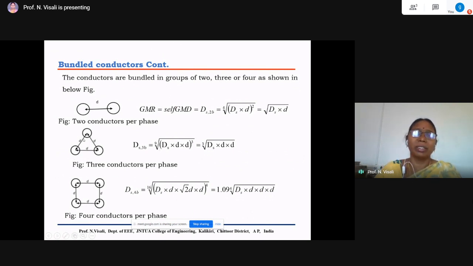However many conductors we have, that root of it, the cube root for 3 conductors, and similarly 3 conductors we can write like this. These calculations I have already studied in your BTech course, and later also I will explain how you are getting all this: geometric mean distance, geometric mean radius.